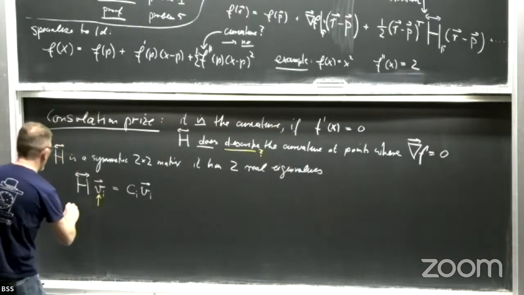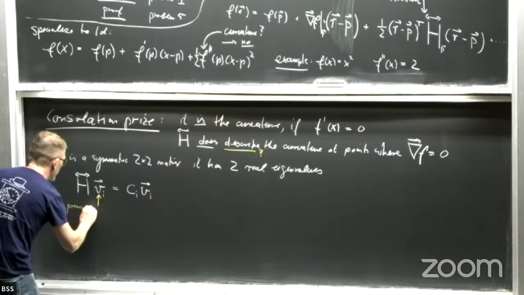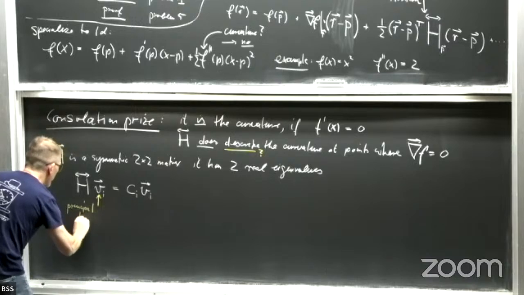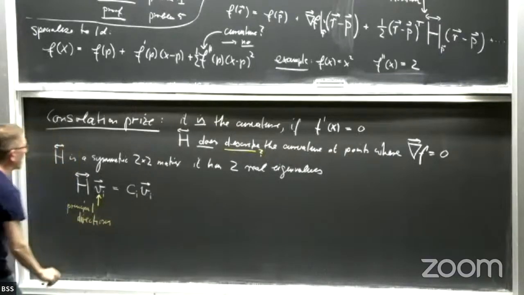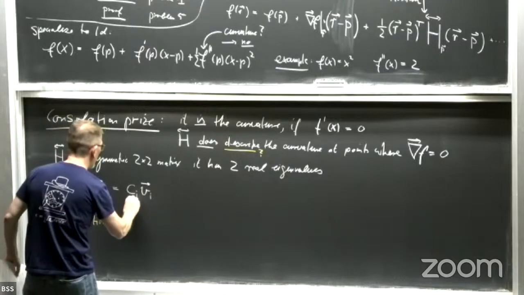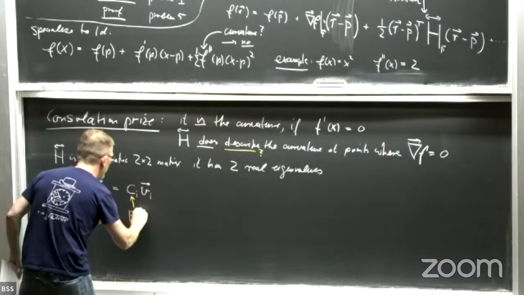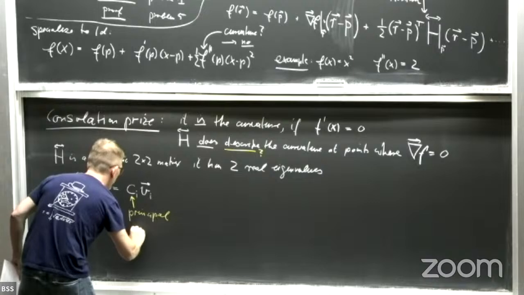These are called principal directions. And the associated eigenvalues, c_i, are called principal curvatures.